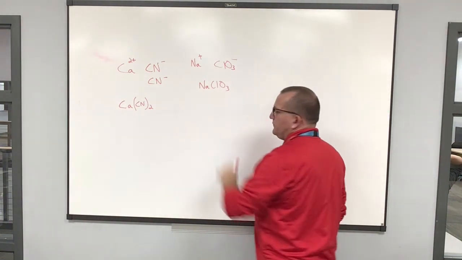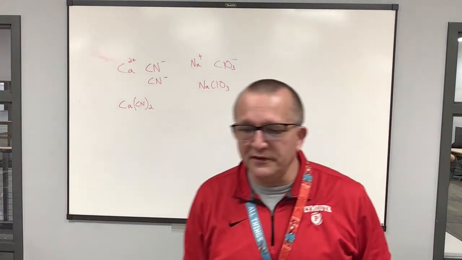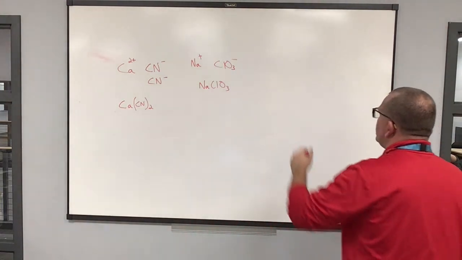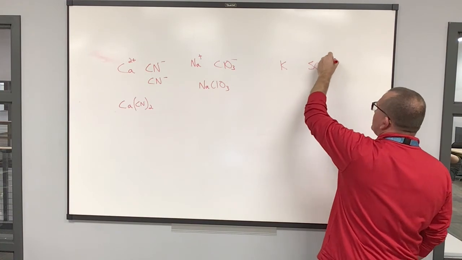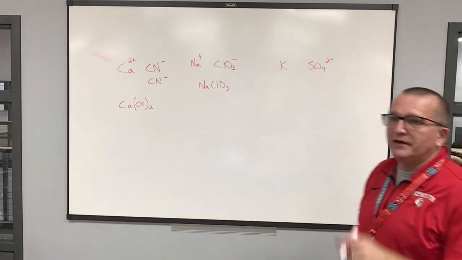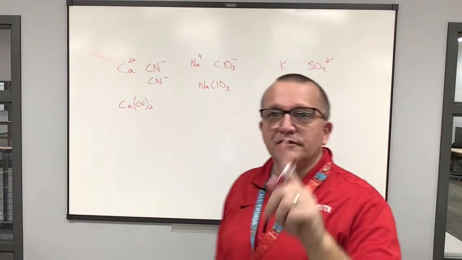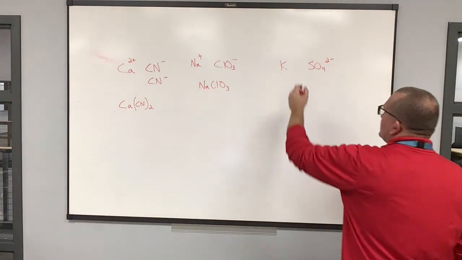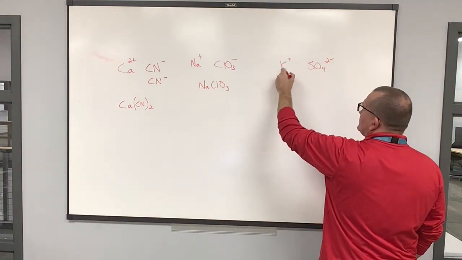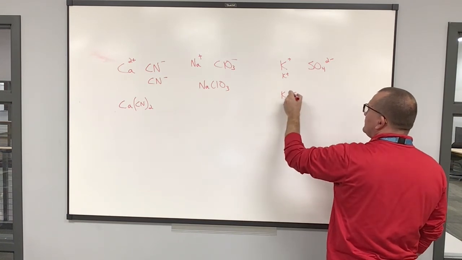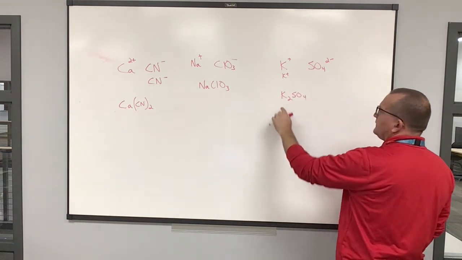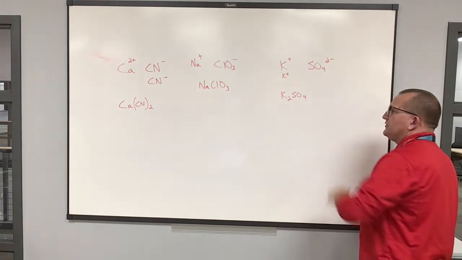Sodium chlorate. And the last one, potassium sulfate. Potassium is K. Sulfate, polyatomic, SO4 2 negative. Potassium, I look, is a group 1 metal, so it's a +1 charge. I need 2 of these. K2SO4, potassium sulfate.